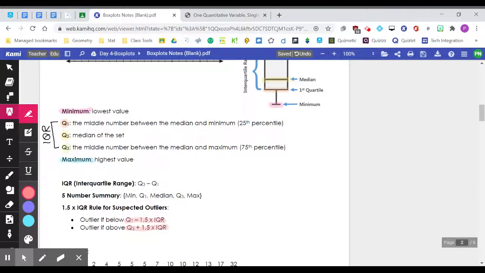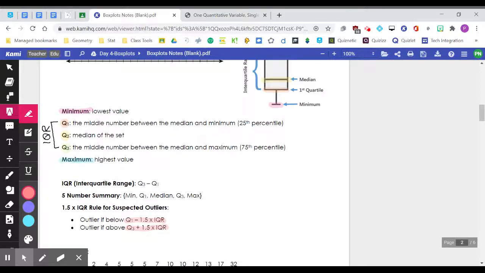So for instance, if we had a set of data that had numbers going from 0 to 100 roughly, but then we had a number that was all the way out to maybe 450, then that would be considered an outlier. But we can calculate it using these formulas.